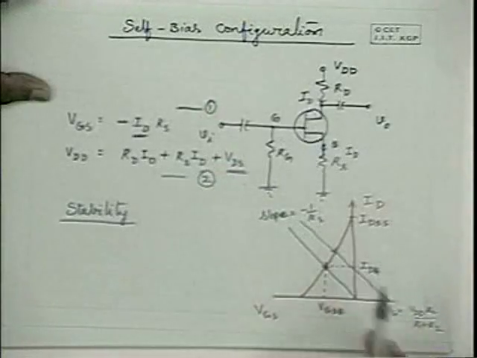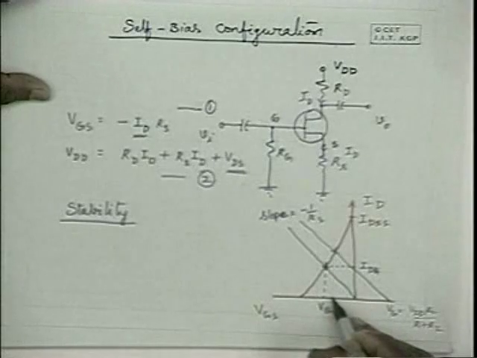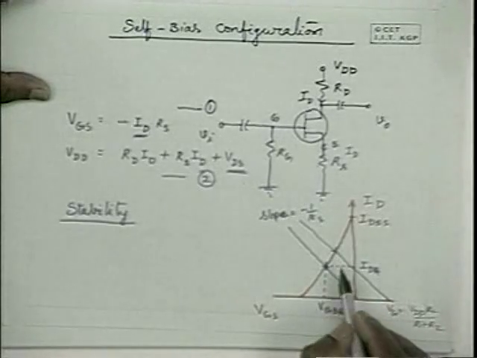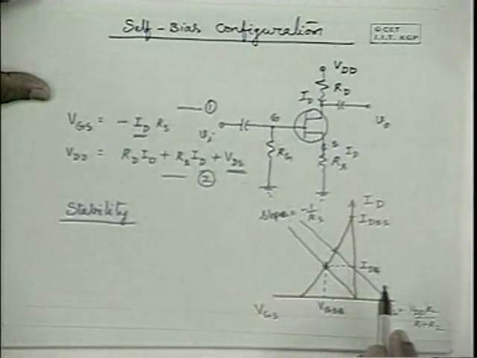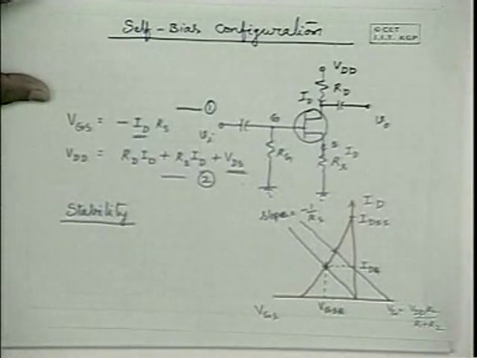So what is the additional advantage now? Now in this case, this is the Q point. So this is the particular VGS Q it gives. Definitely it is going to be less than the previous one, because the previous one was totally reverse biased by that ID and RS. Now you are elevating the potential of the gate by that VG amount.